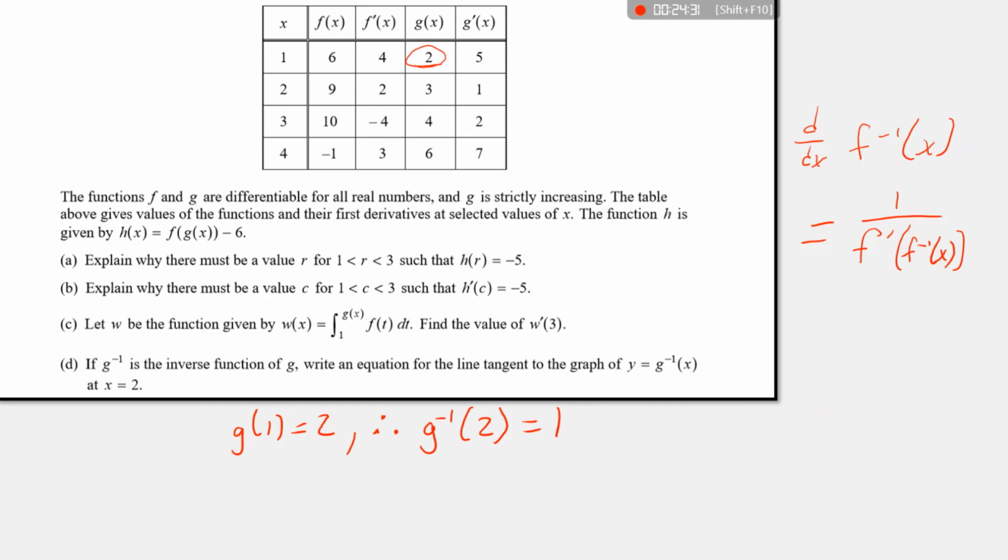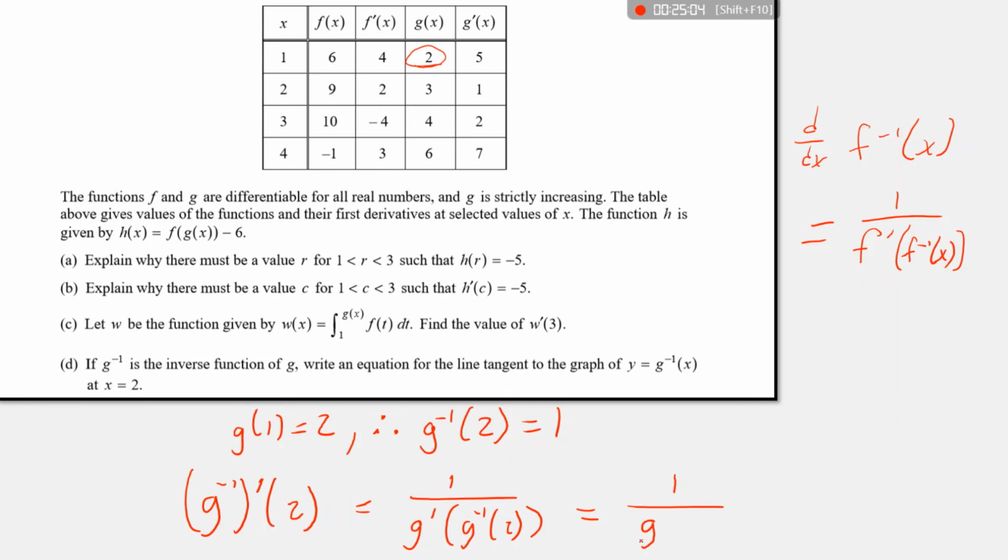So then we can plug into our formula. My derivative of the inverse at 2 should be equal to 1 over the derivative of the original function at the inverse of 2, which we said was 1.